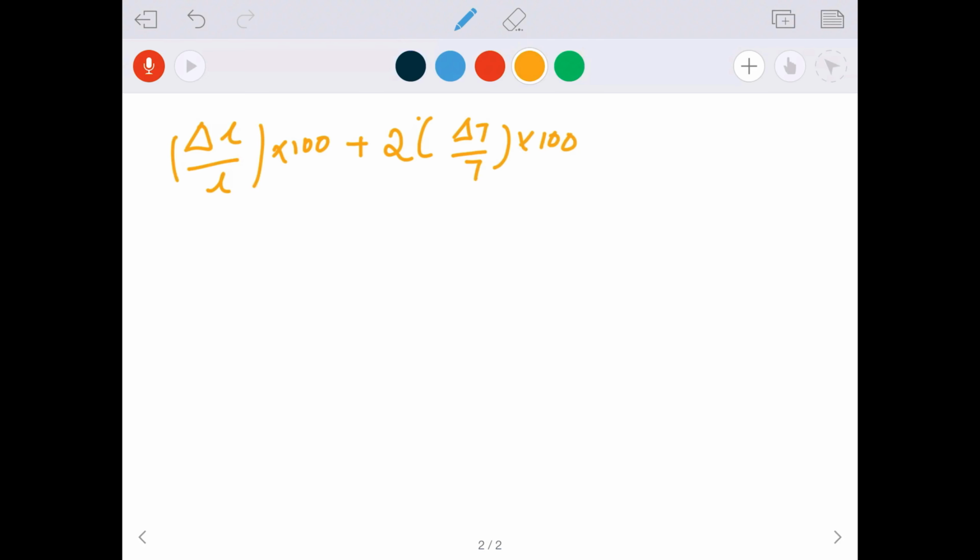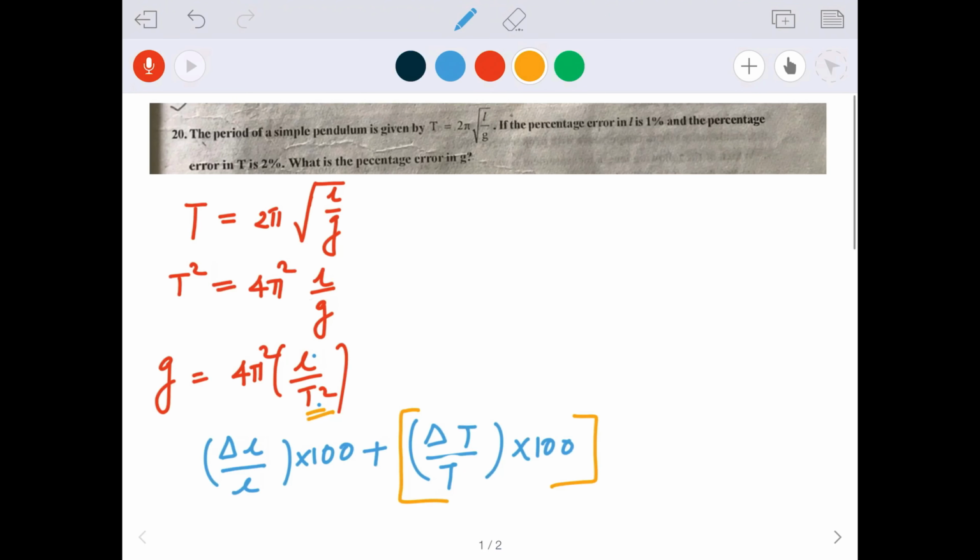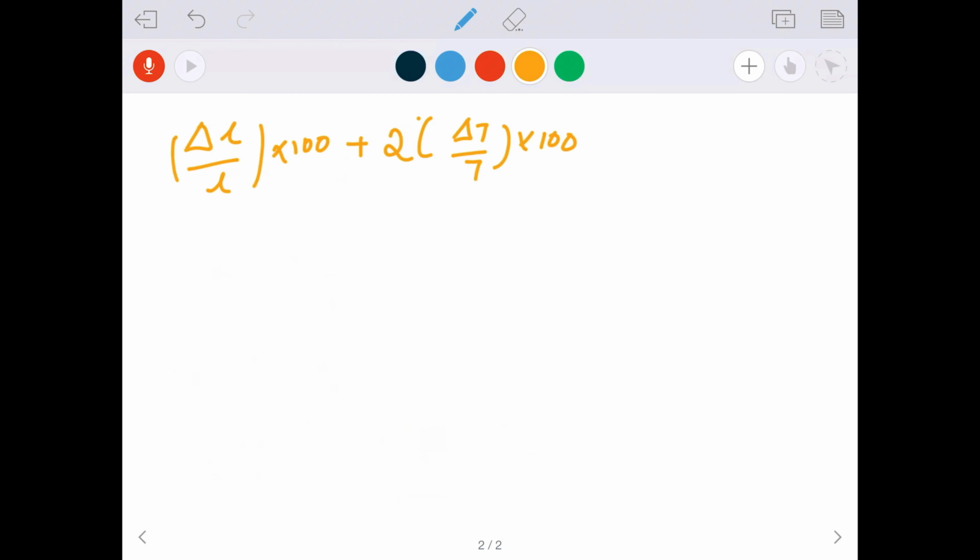Why? Because T has a power 2, so 2 times I have to include. Suppose T has a power of 3, then you write 3 times. If it is a 4, then write 4 times. That's the thing. It's a simple thing that we have already studied in theory.